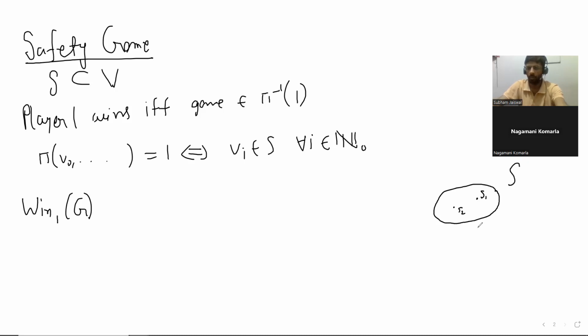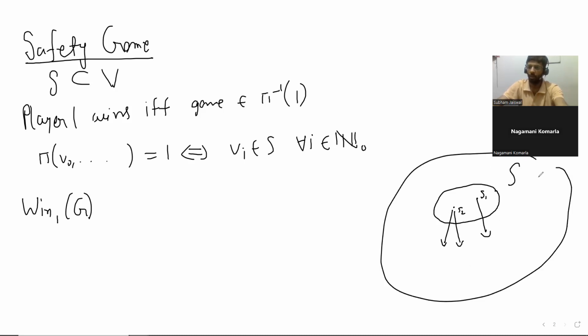This is S, but what if all the edges from S are outside S? Then it's by no means safe, right? That set may be empty also. This Win1 of G may be empty also. Is S safe? No, because the edges are leading outside, and so there's no way to stay inside S.